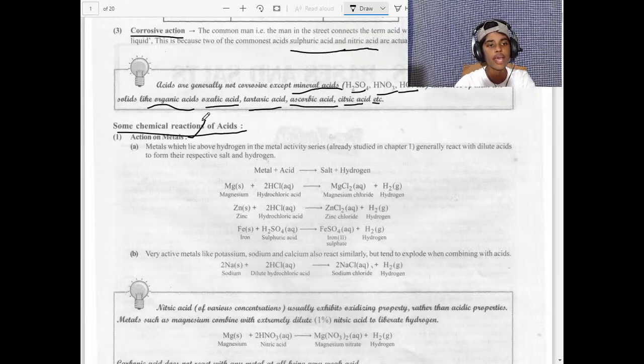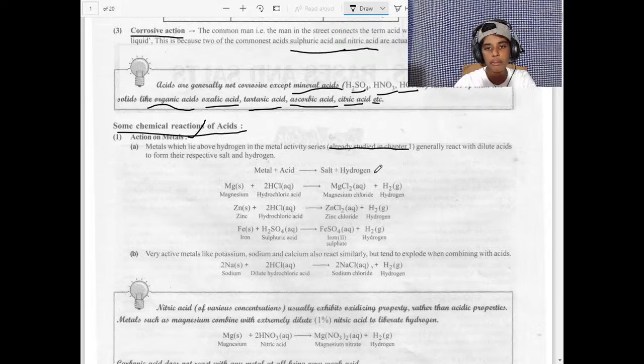Action of acid on metals. Metals which lie above hydrogen in the metal activity series, already studied in the chapter, generally react with dilute acids to form their respective salt and hydrogen.